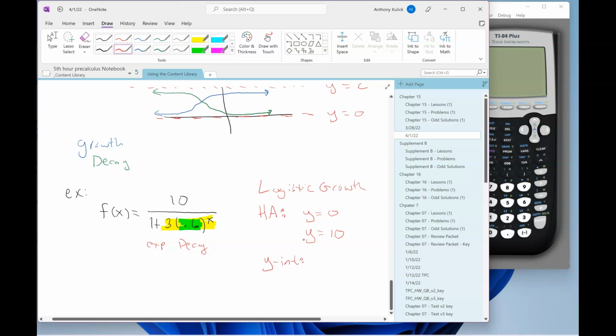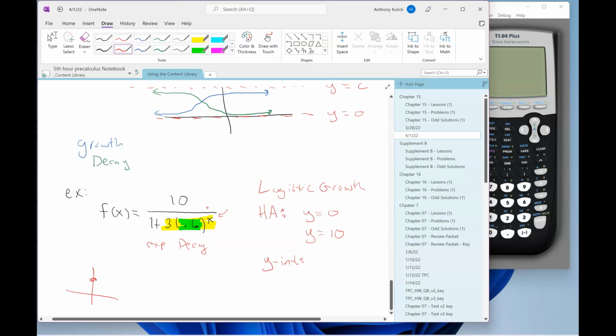What's the y-intercept going to be? What's the x-coordinate of a y-intercept? Think about the picture. A y-intercept is here. 0. So if I plug 0 in for x, what's 0.6 to the 0? 1. So I have 3 times 1 down there, which is just 3.